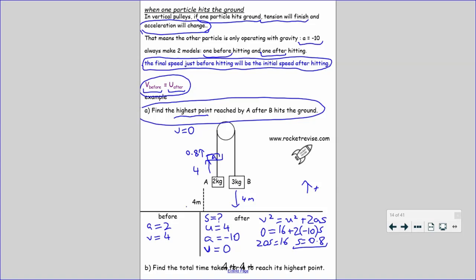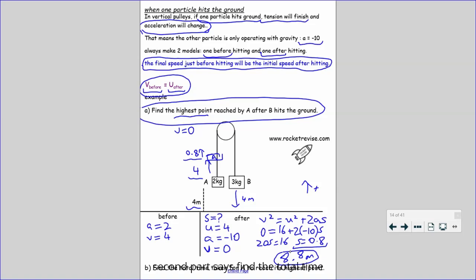We had 4 plus 4 plus 0.8. So the final answer would be 8.8 meters. Right, so this is the first part.